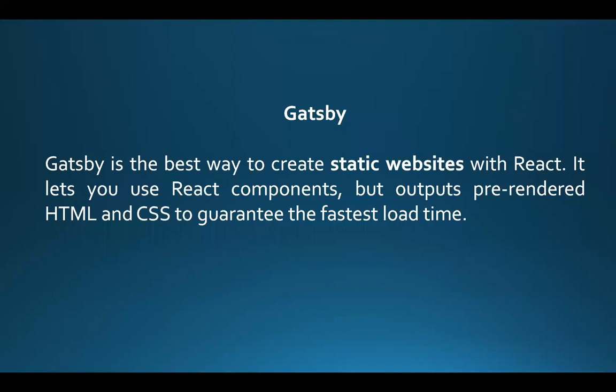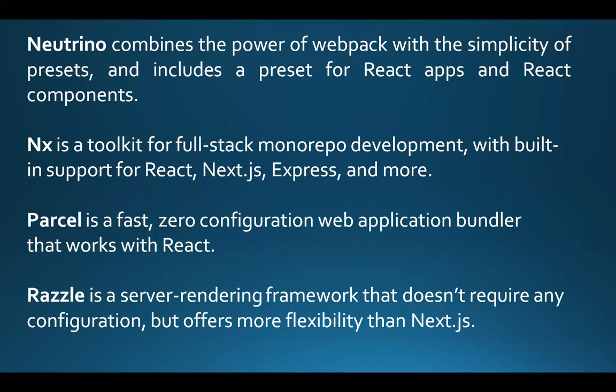React is also used with Gatsby, and with Neutrino. Neutrino is used for building effective React components. And we have NX. NX is used for creating monorepo development applications. What are these? I will explain these options in detail. We have Parcel, we have Razzle.